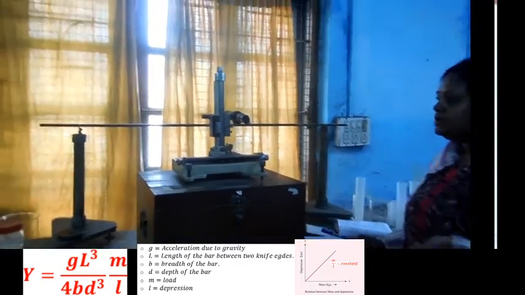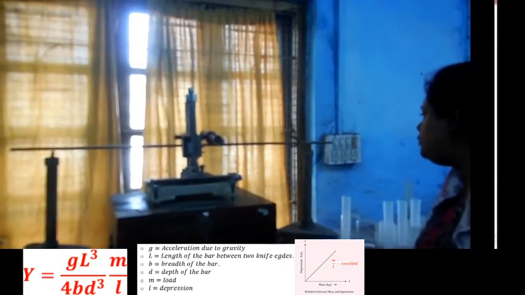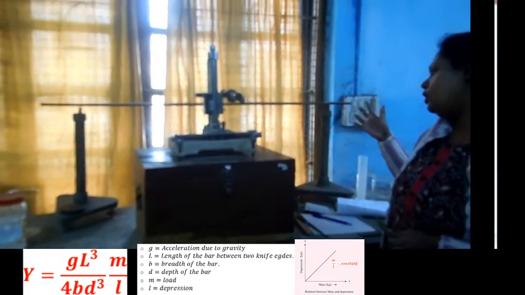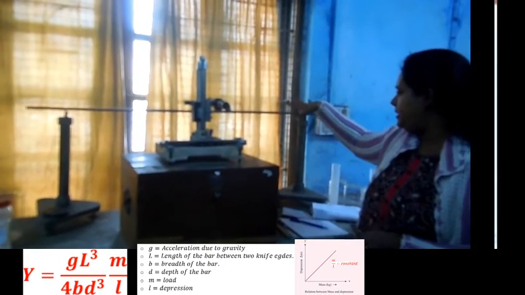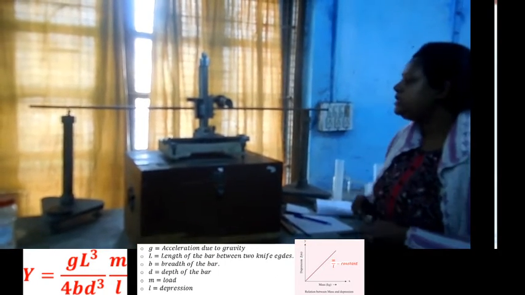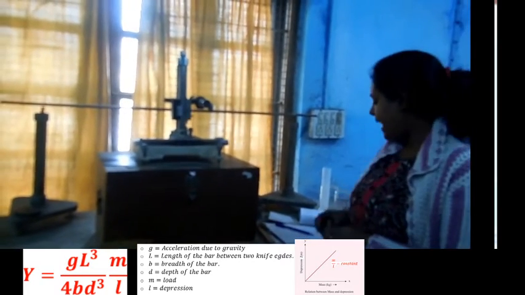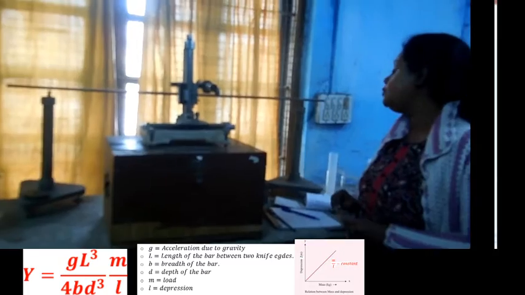Likewise, the depth of the bar should also be measured in at least 3 positions, because the bar might not be uniform throughout. This can be done by removing the bar from the stirrup. It is not necessary that this has to be measured keeping the bar on the stirrups. You can just remove the bar and measure it as well.